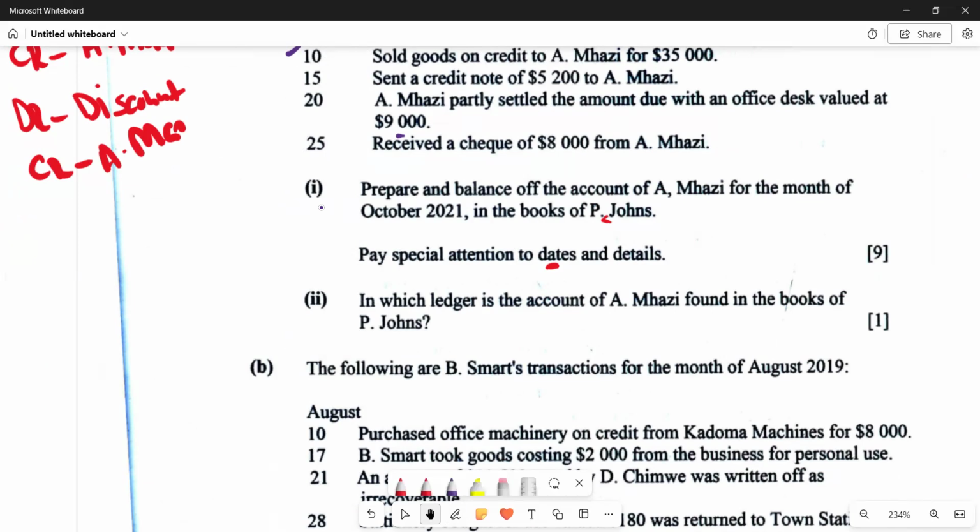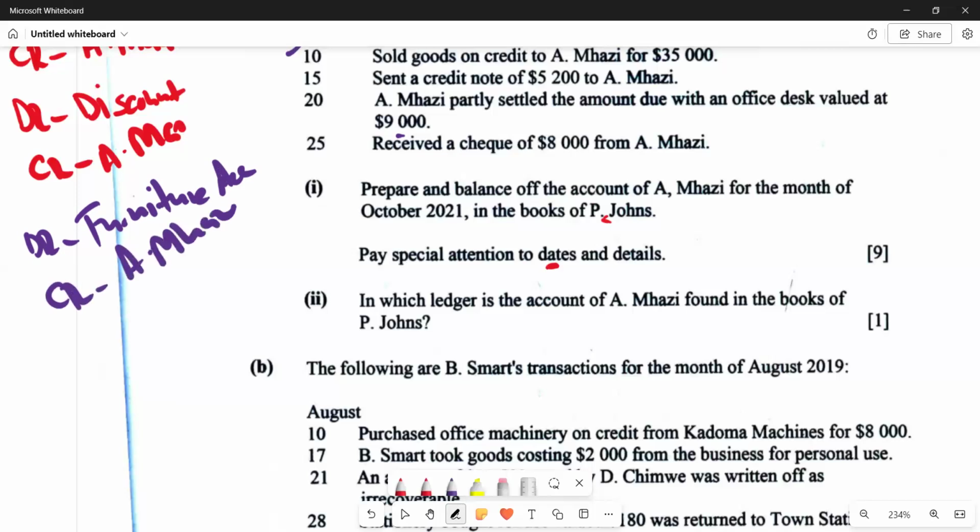Now it's a desk, so we are going to debit the office desk account, or we just call it the furniture account. So we are debiting furniture, because the desk is a furniture account, and then we credit AMAS.